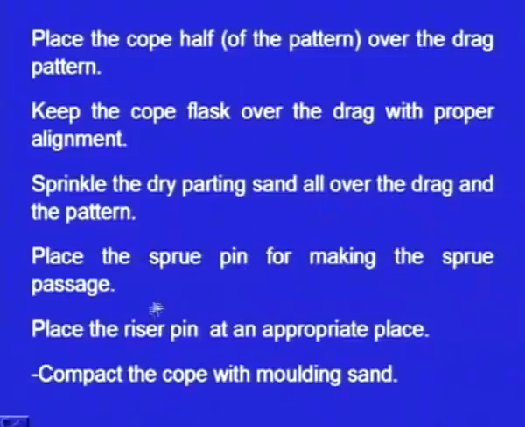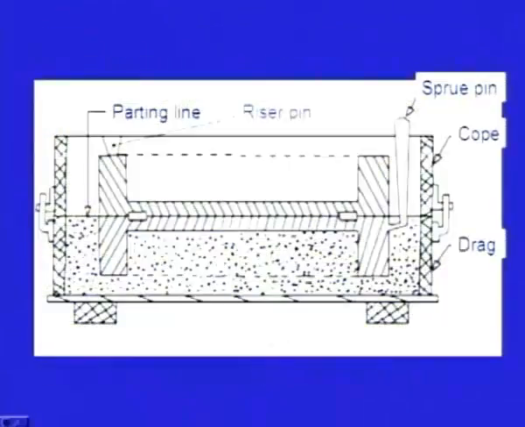Next one, place the riser pin in an appropriate place. Riser is required. What is this riser? As I have already described in the previous class, it has got certain functions. It gives us an indication that the mould cavity is full with the molten metal. It also helps so that the hot gases generated inside the mould will be escaping through this hole.